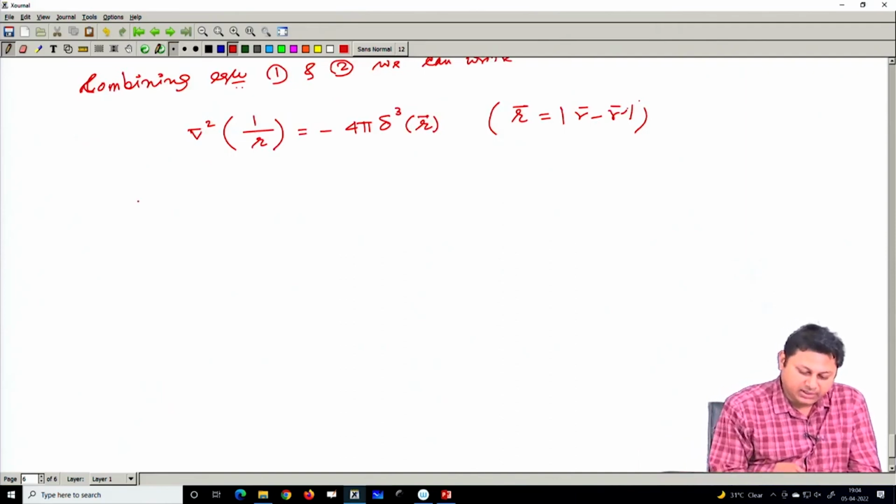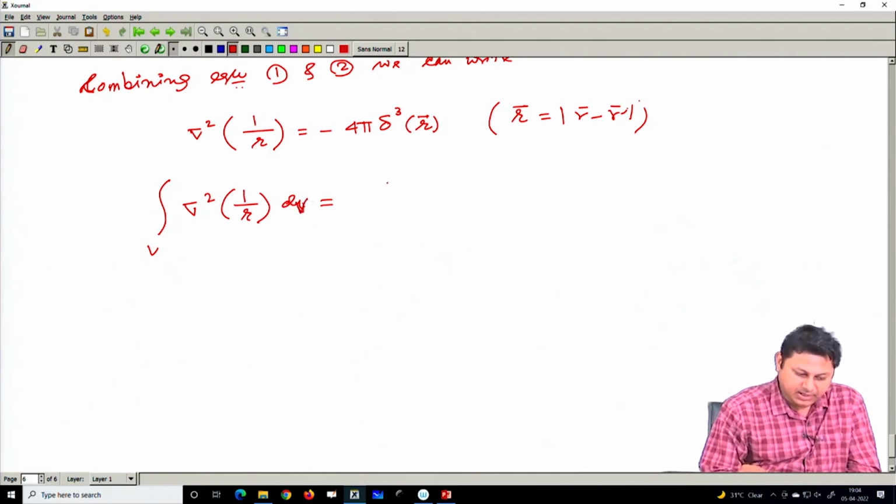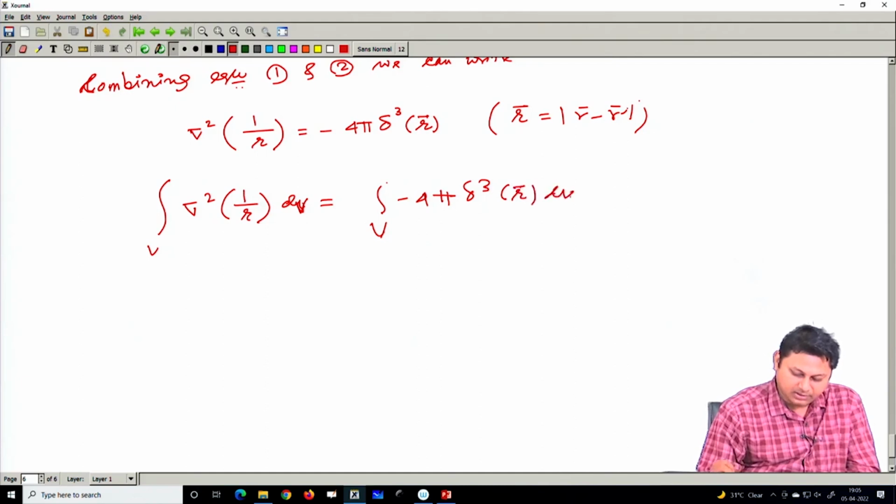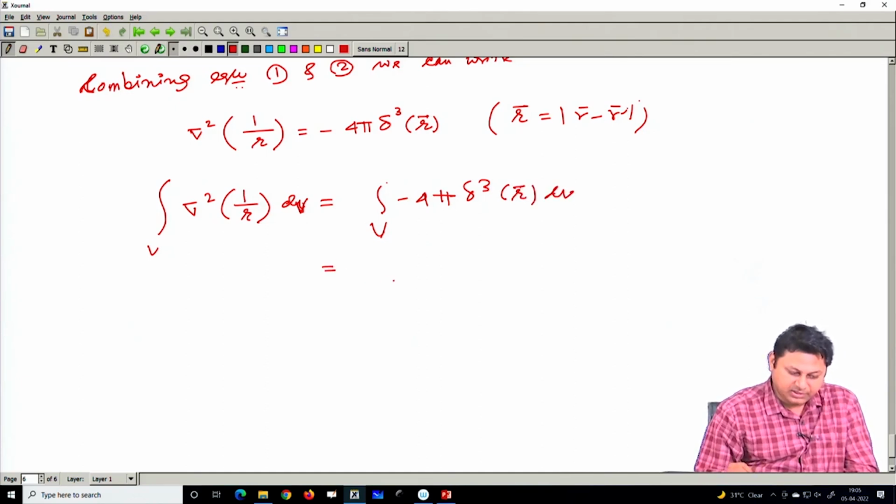Now, from equation 2 I can see that. So, if I use equation 2, then we have the integral of del square 1 by r dV, and that quantity simply can be written as minus 4 pi times the delta function over this dV, and this entire integration should be 1.